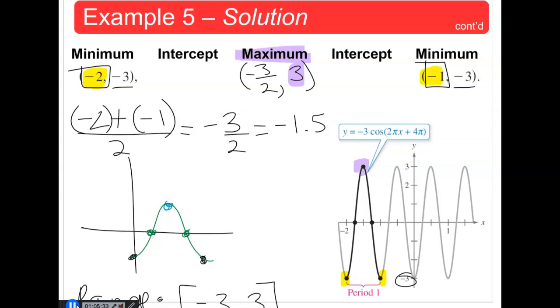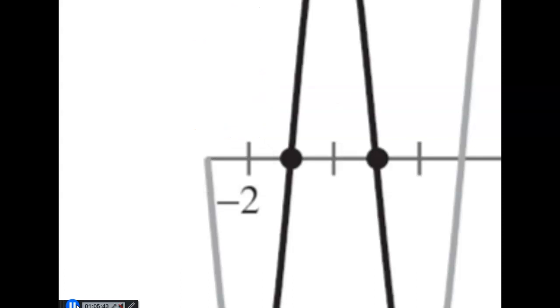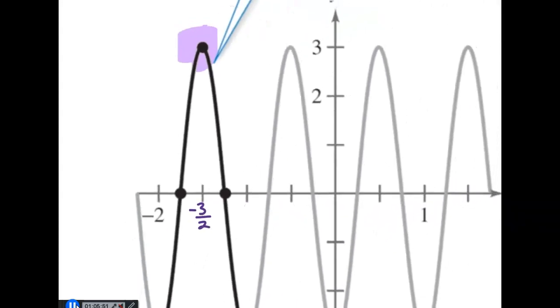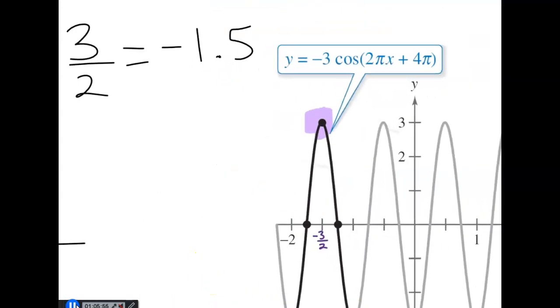Well, that's where the point B will be, and the x value for that one is actually negative, I should say that, -3/2. Okay.